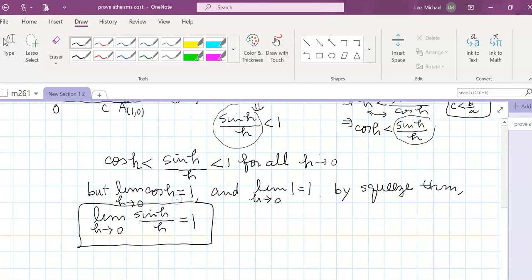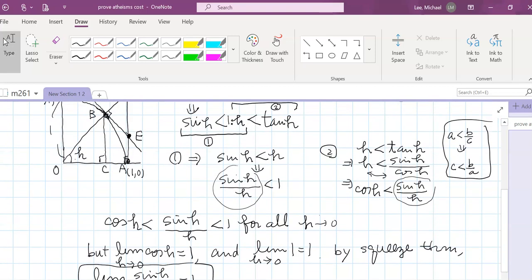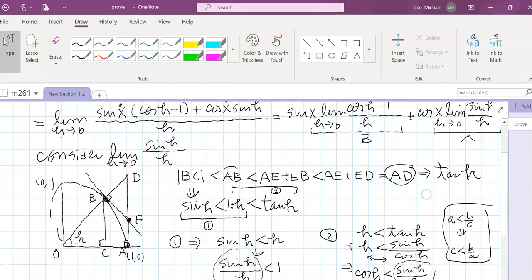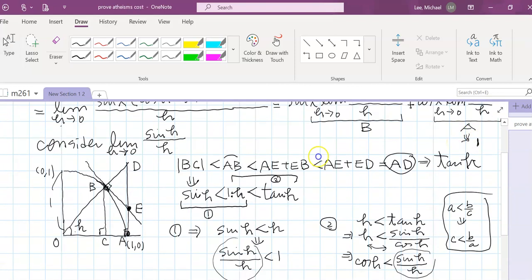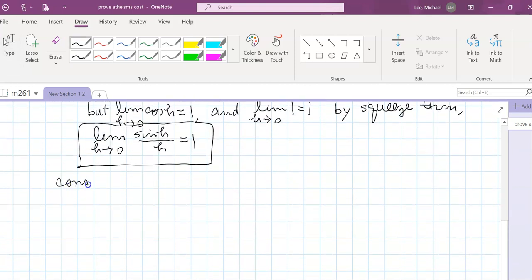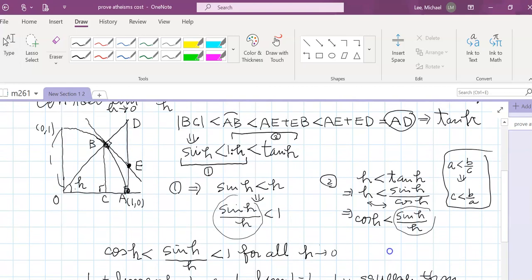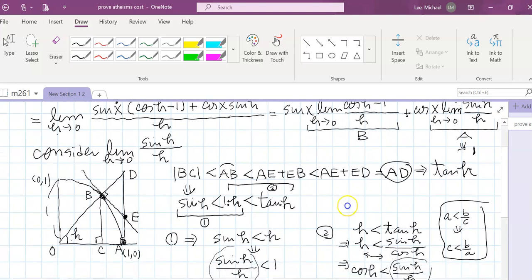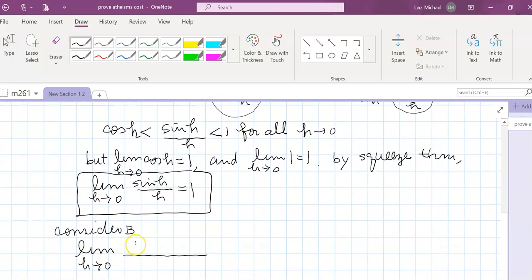So a is 1. Now how about b? Consider b. What is b? The limit as h approaches 0 of cosine h minus 1 over h.